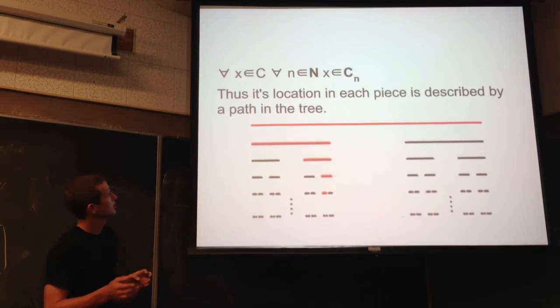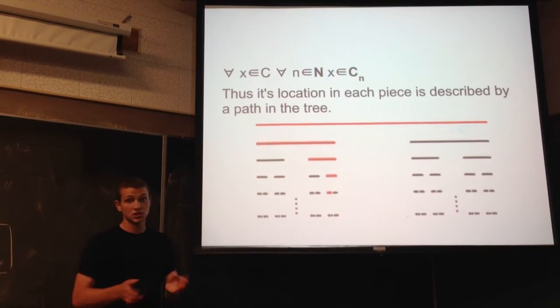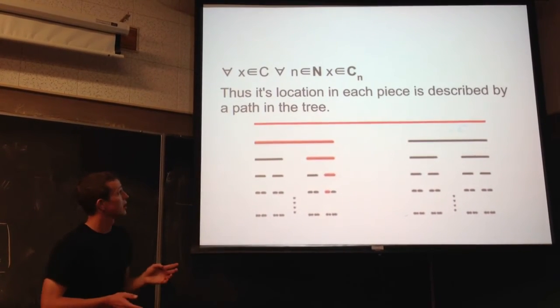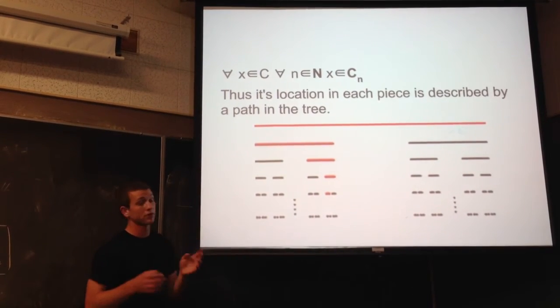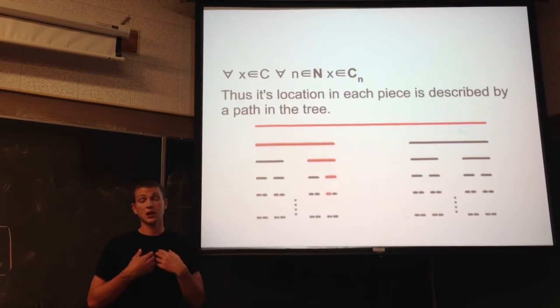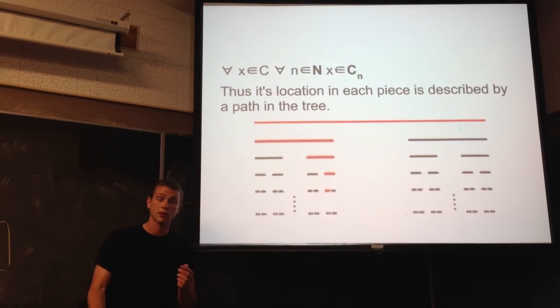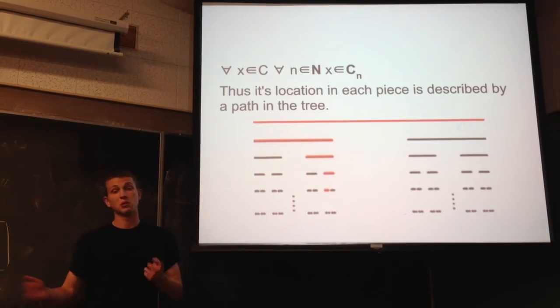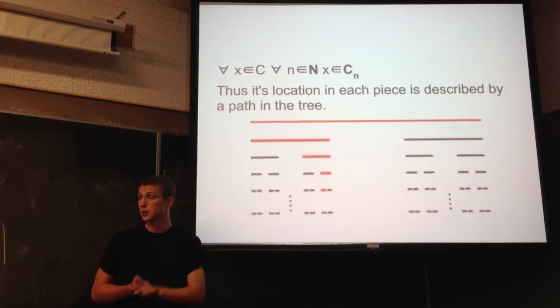So for all x in C, and for all n, x is in C sub n. So basically we've shown that its location in each piece is described by a path in the tree. In other words, if you gave me an element of the Cantor set, I could show you a path on the tree diagram that can be represented by that element in the Cantor set.